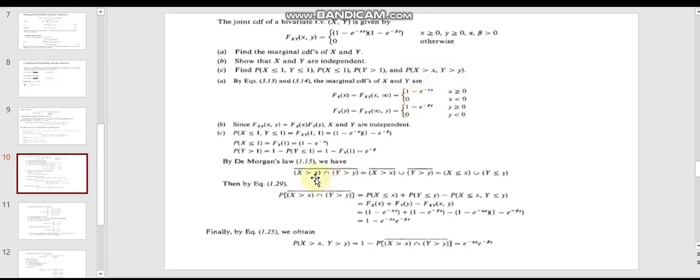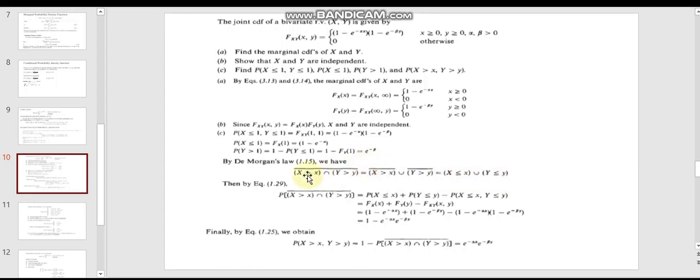than 1. So the event when x is greater than 1 and intersection y is greater than 1, its complement is equal to x is greater than 1 complement with union y is greater than 1 with its complement. So this thing is equal to x is less than or equal to 1 with union y is less than or equal to 1.